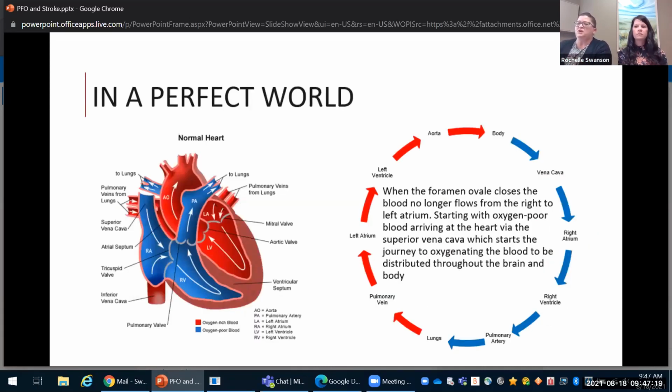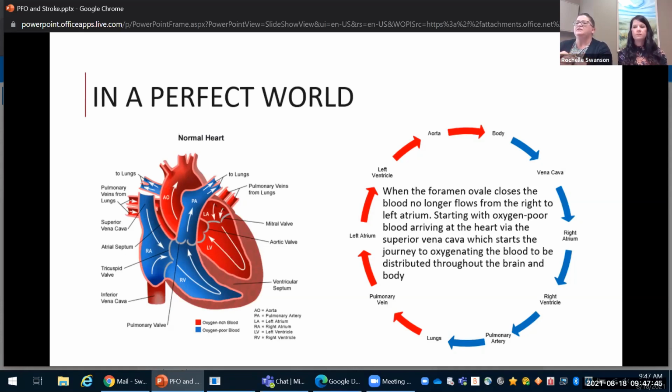So in a perfect world, once we take our first breath, this is the circulation that takes place in the heart to oxygenate the blood. The blood from the body that's oxygen poor is pumped into the heart via the superior vena cava. From there, it goes into the right atrium, traveling through the tricuspid valve into the right ventricle.